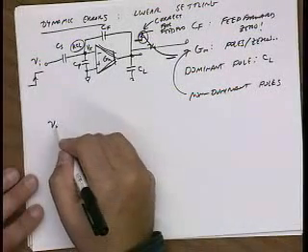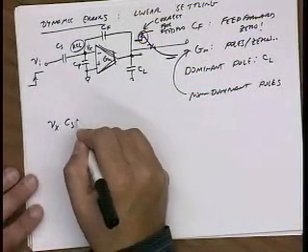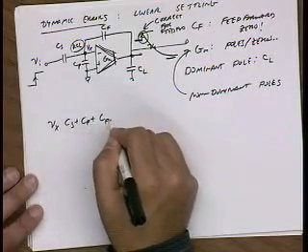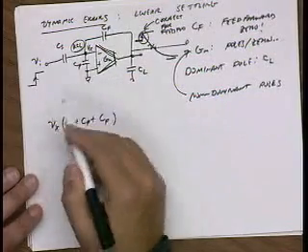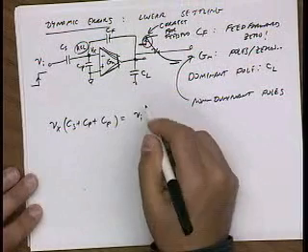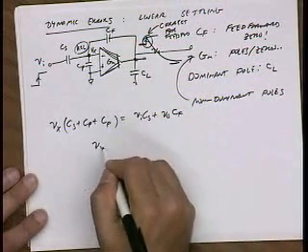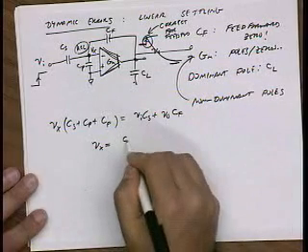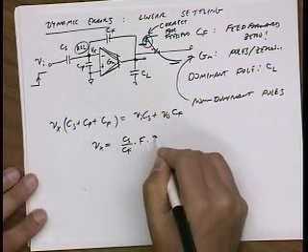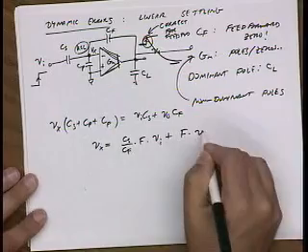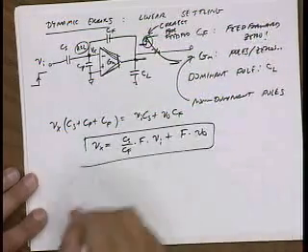So what do we get? We got Vx (CS plus CP plus CF), that's the total capacitance on this node, is equal to Vin CS plus VO CF. And we just wrote this as CS over CF times F times Vin plus F times VO. That was derived on the previous page.